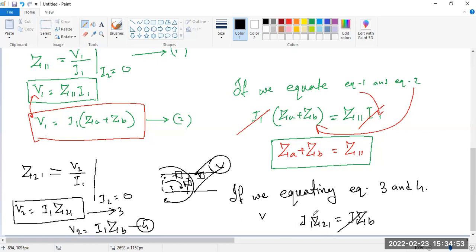So this I1 cancels out, and Z21 equals ZB.